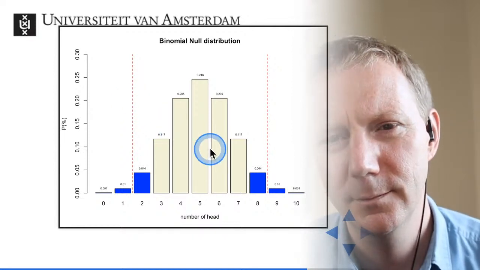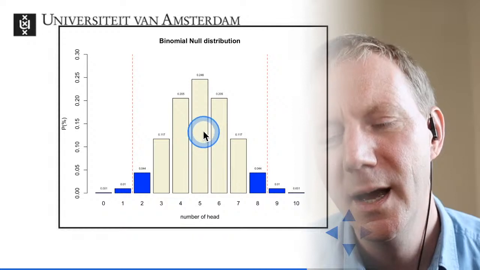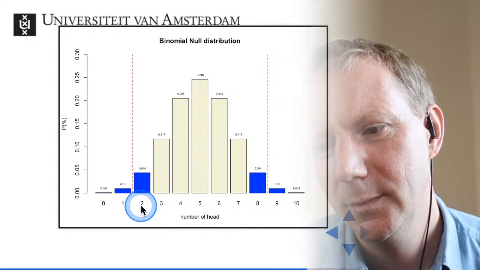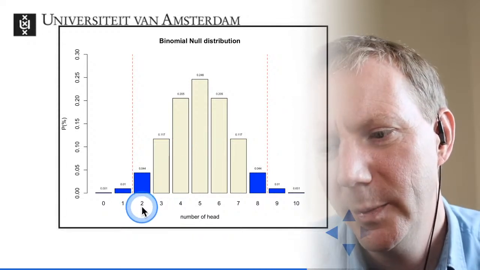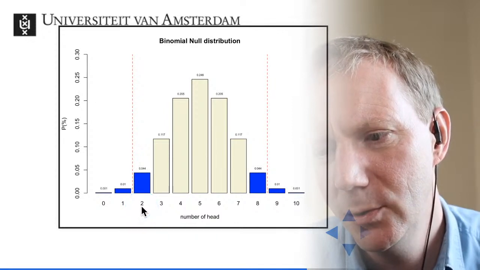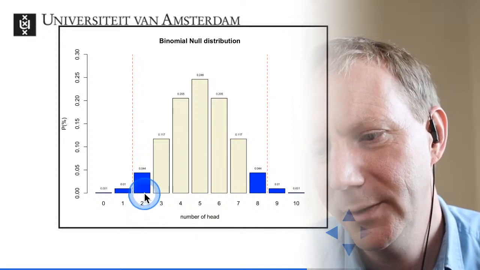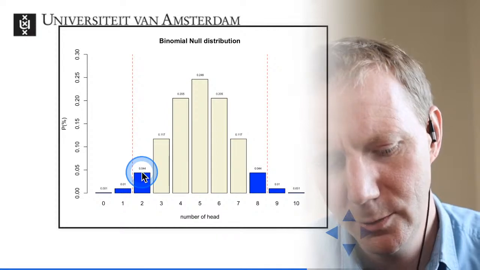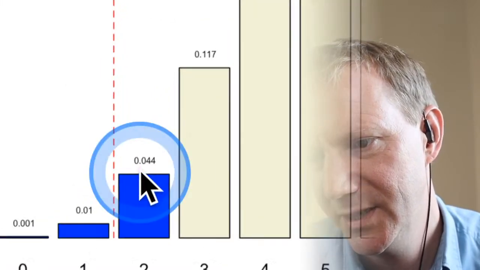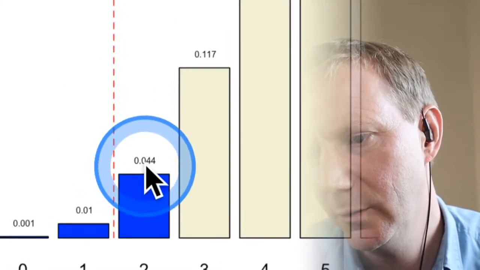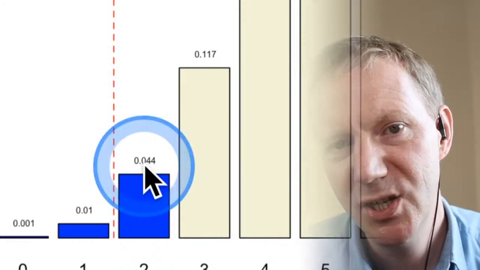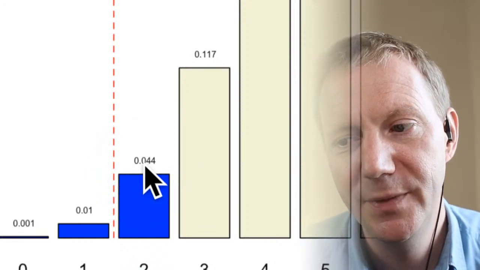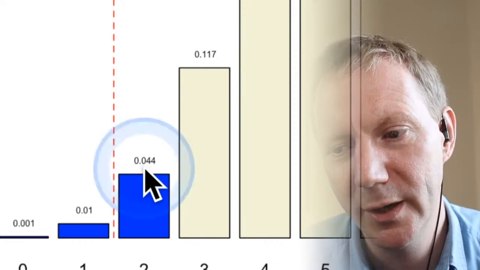But how did you calculate the p-value here now? How did you get to that number? I got to that number because I had thrown 2, and I've looked at what is the probability of throwing 2. This is 0.044, but the definition of the p-value was this test statistic or more extreme.